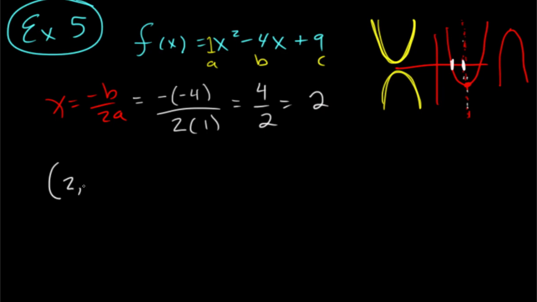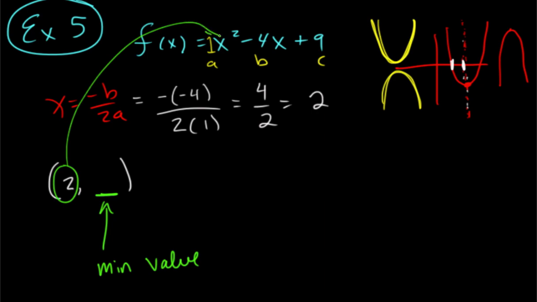Now, this tells us the x value, which just tells us where the minimum's at. It doesn't tell us the value of the minimum. So we need to finish this ordered pair and find the y value, and this is going to be the minimum value. So to do that, we go back to like pre-algebra, take this 2, plug it in for all of the x's, we end up with 2 squared minus 4 times 2 plus 9.